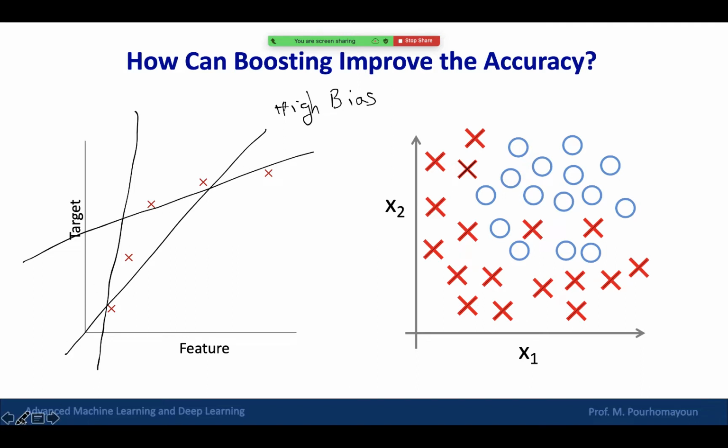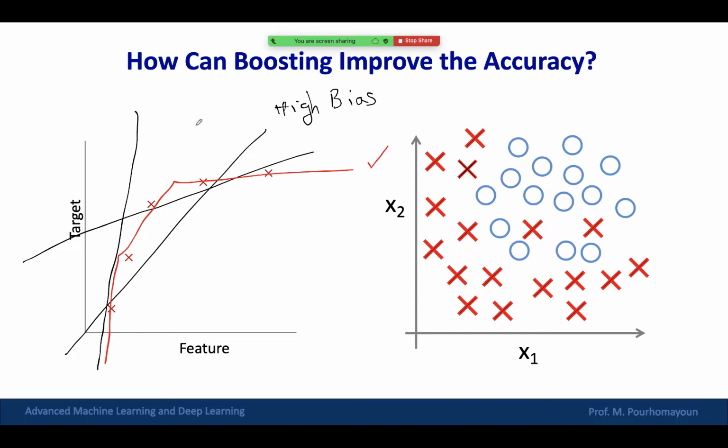But using the boosting technique, and the technique that we used for improving each one of them based on the misclassified data of previous rounds, and also after voting or averaging, the combination of these three lines will be maybe something like that, which is again a good model.